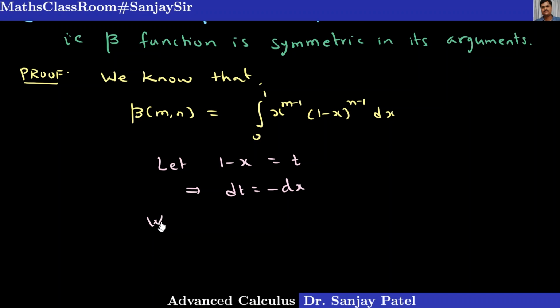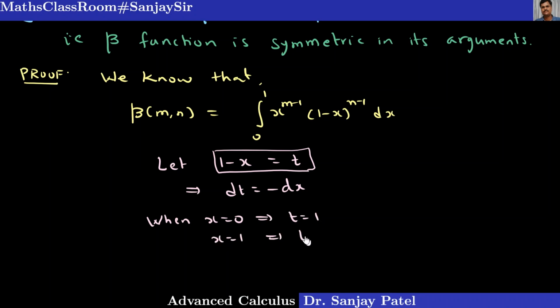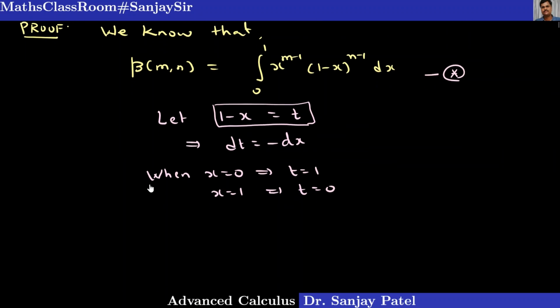Also, when x is equal to 0, from this relation I can say t is equal to 1. And when x is equal to 1, we have t equal to 0. So putting these values in the right hand side of this beta function formula, what we get is beta m comma n is equal to integral, when x equal to 0, t is equal to 1.